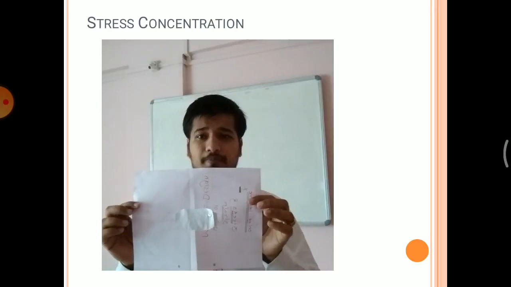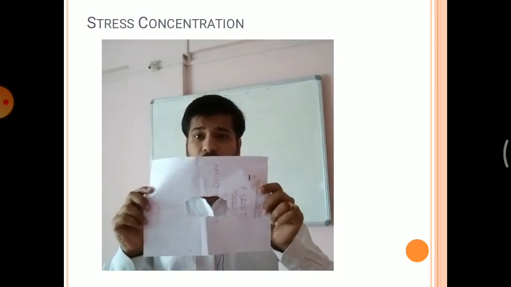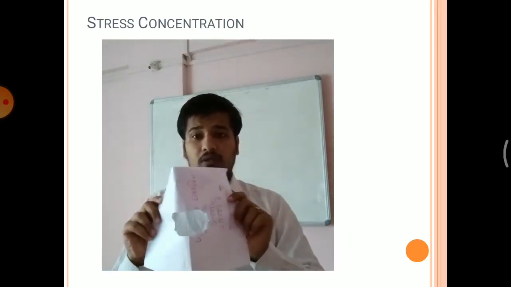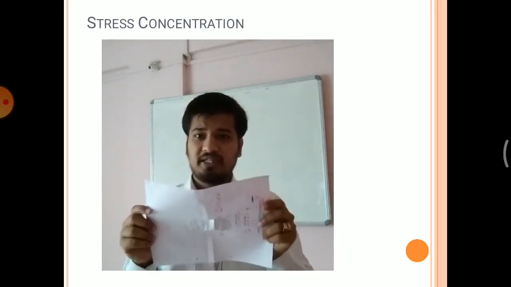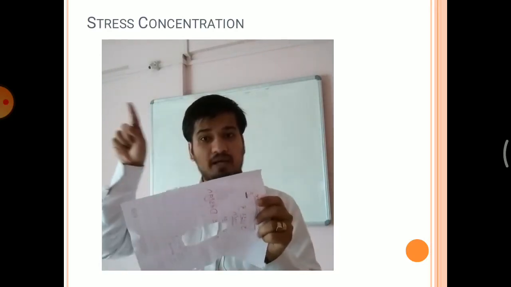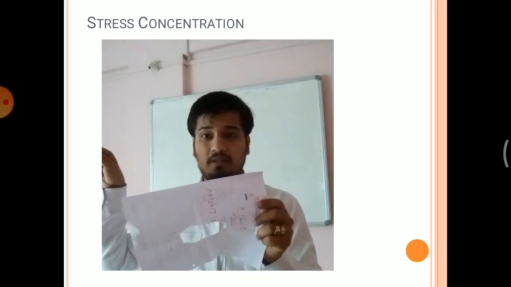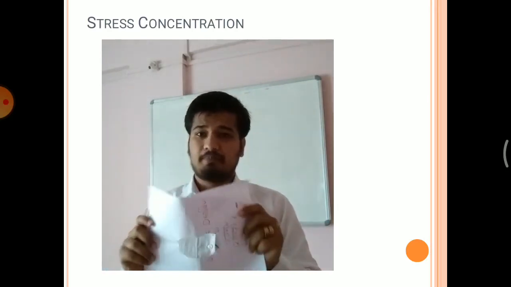Now what is going to happen when we apply load? The material is not able to sustain the load which we applied in the previous example.